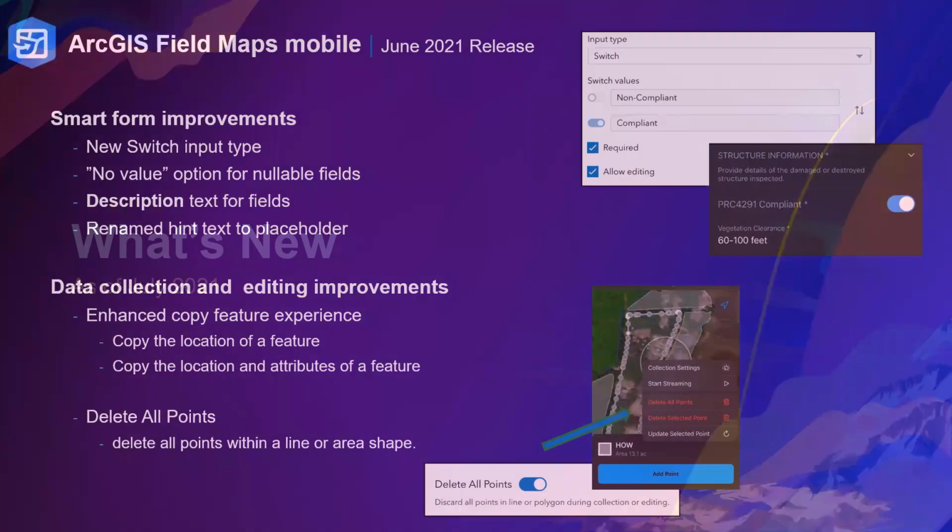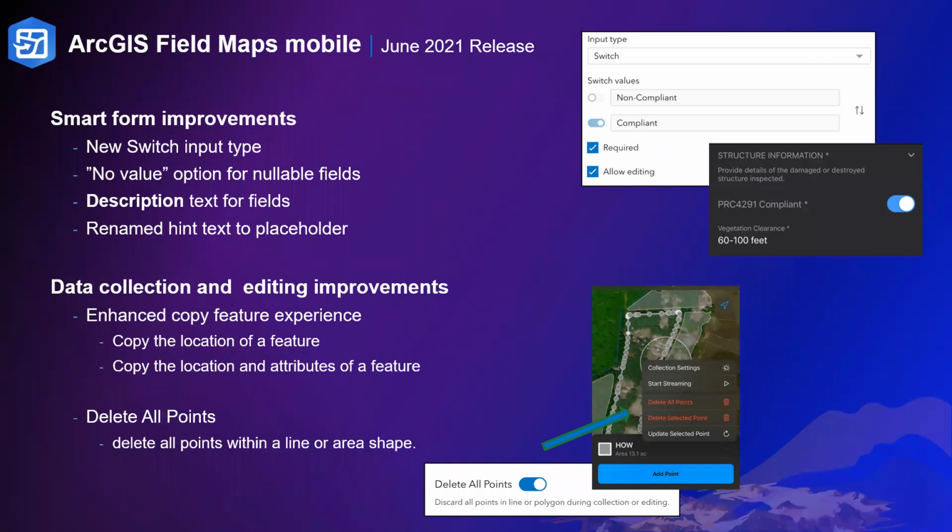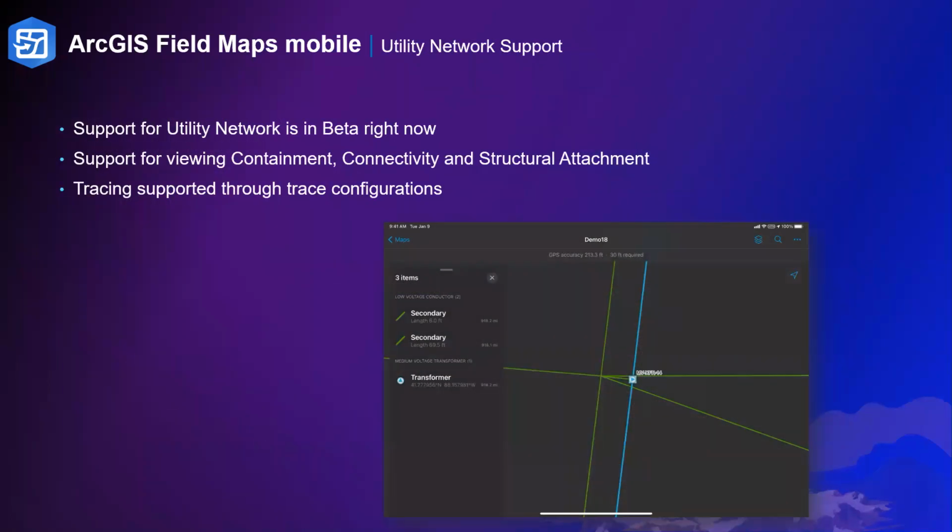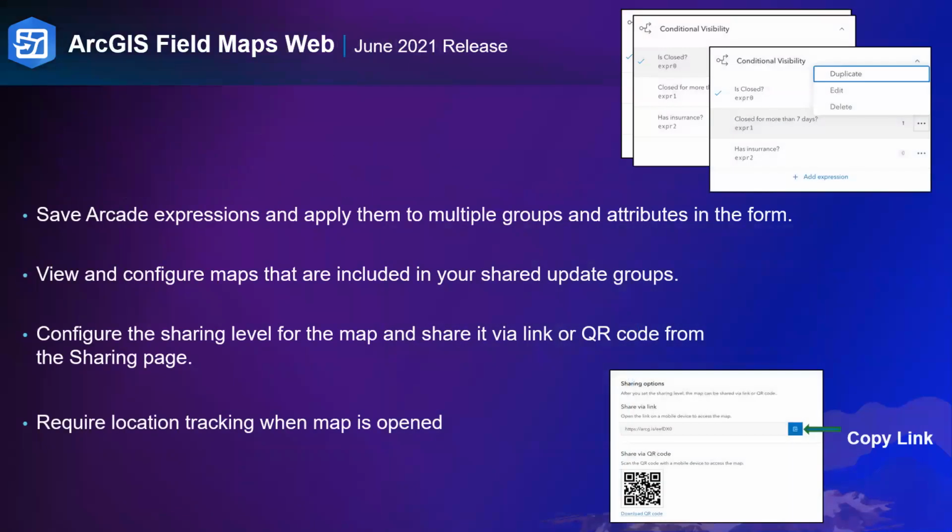New things that are coming: the smart forms continue to be improved, and data collection is improved, where you can collect multiple features or delete multiple features through an area if you want to go and delete those. Support for the utility network, they're working on that right now. So this is going to be a big deal for those folks that are in that space. They're also improving the Arcade expressions that came out in June, being able to set those up.